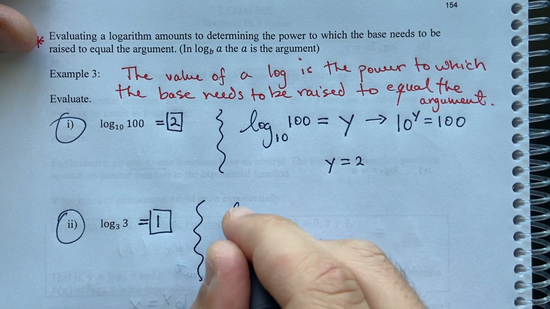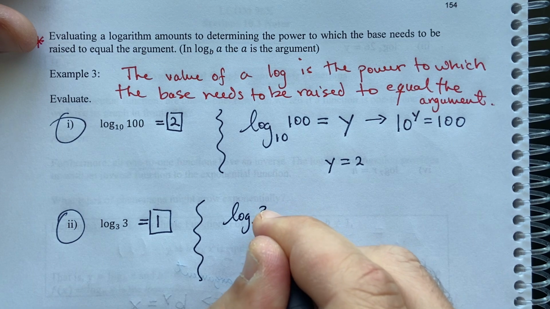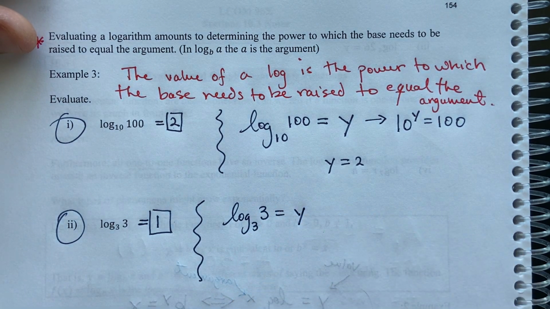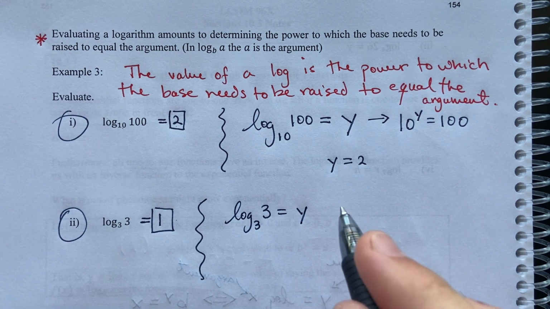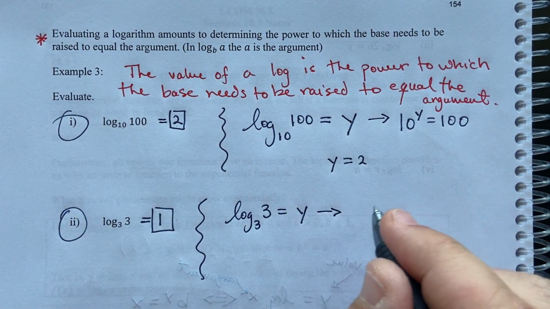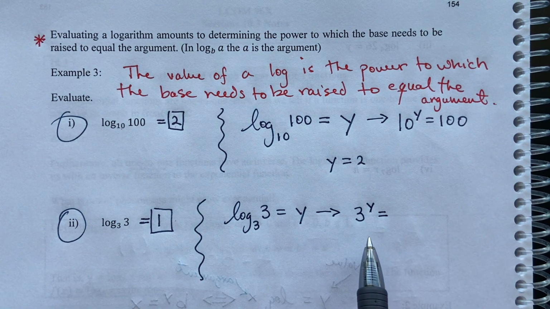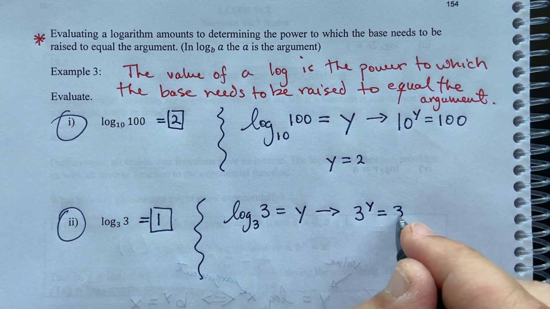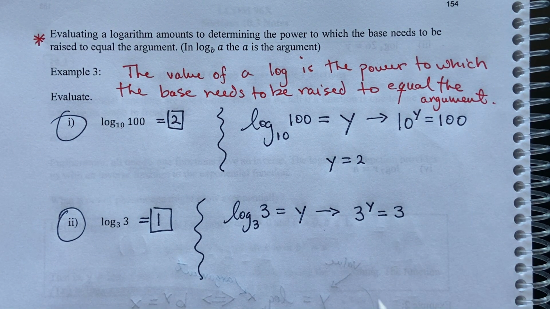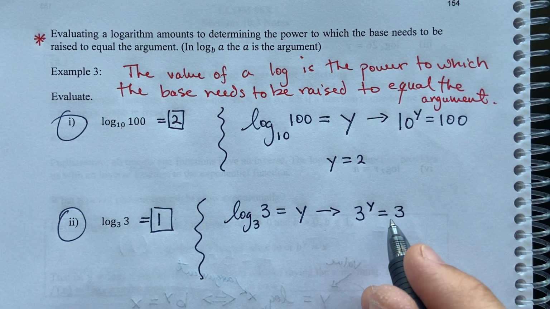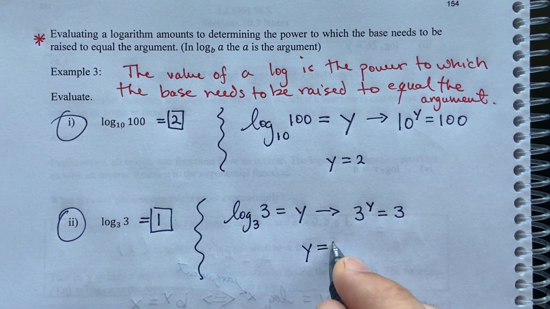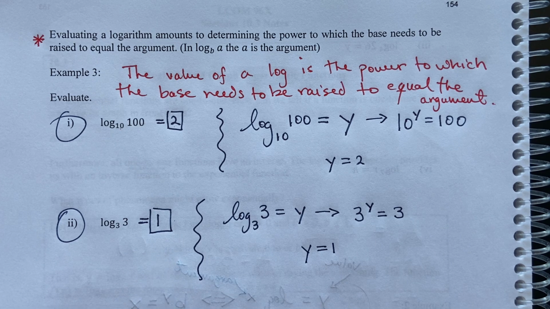Again, imagine that we had log base 3 of 3 equals something, and we didn't know what that something was. If you rearrange this into exponential form, you would say 3 to the y equals 3. So now you can see, if it's 3 to the first, then I get a solution. That's why this is the number 1.